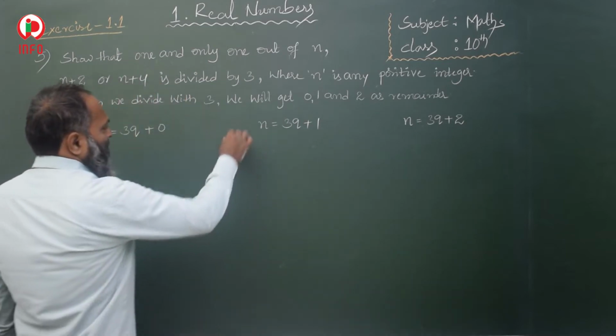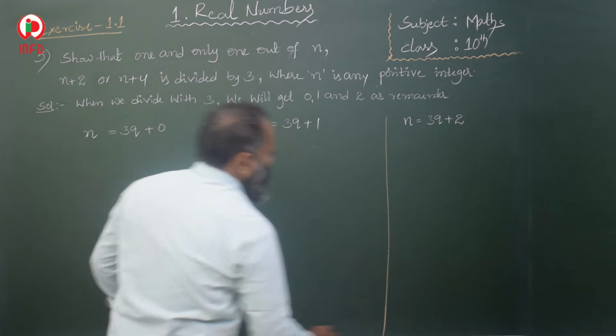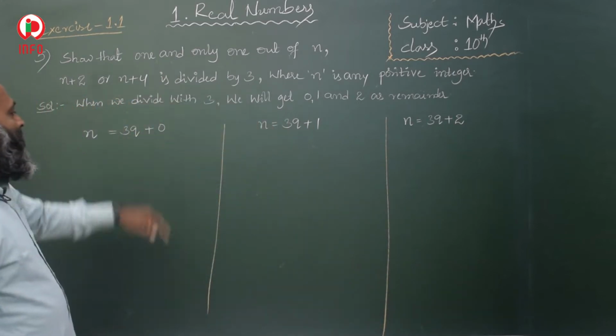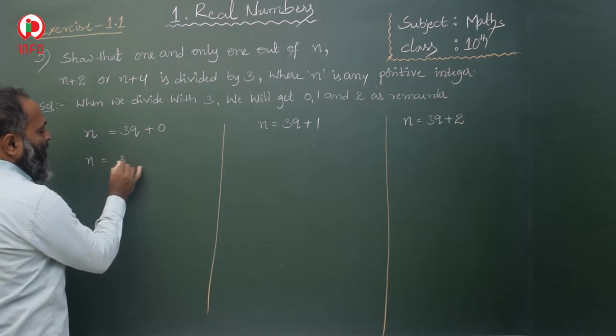Okay. Here n is equal to 3q plus 0, it means n is equal to 3q.